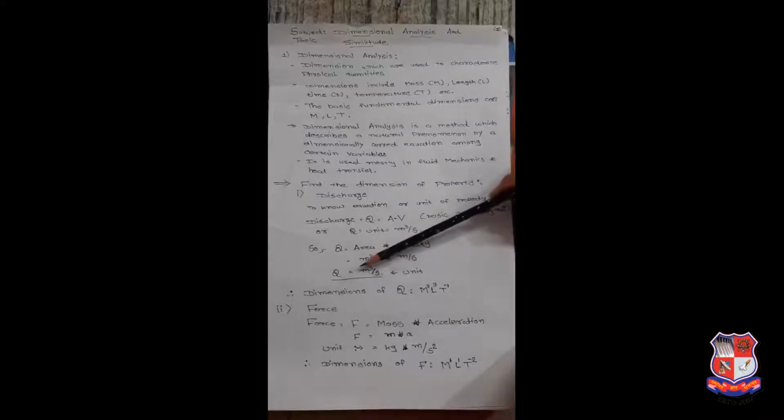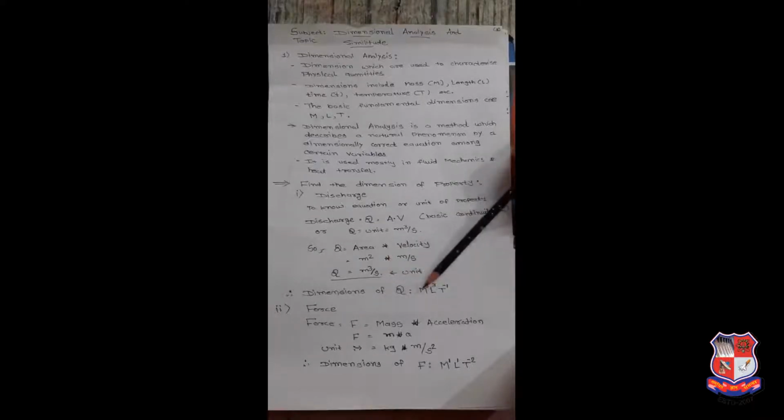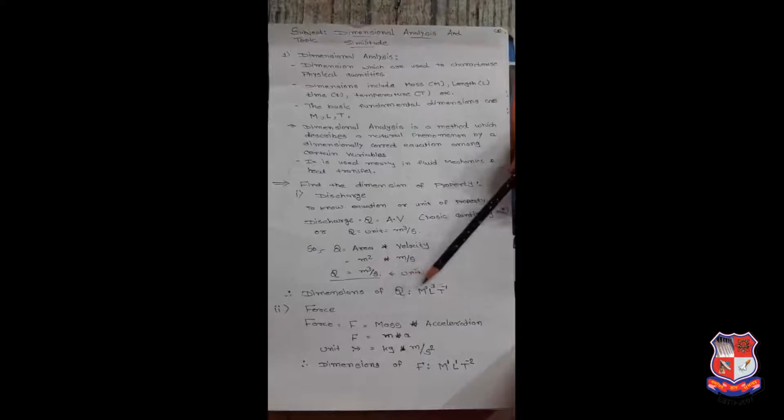Therefore the unit of discharge is meter cube per second. So the dimension of discharge in the form of MLT: there is no unit for kg or mass, therefore M raised to 0, meter cube means L raised to 3, per second means time raised to minus 1. So the dimension of discharge is M^0 L^3 T^-1.